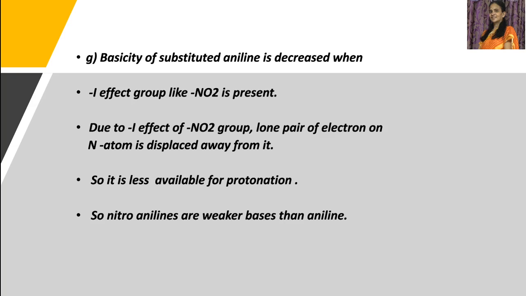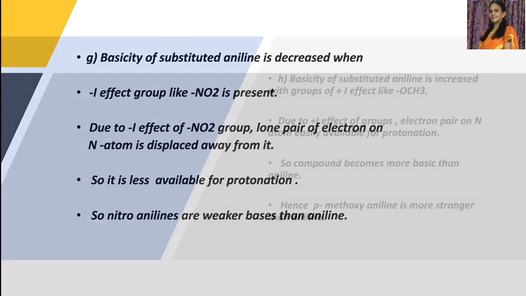Therefore, its basic nature decreases. Due to the minus effect of the NO2 group, the lone pair of electrons on the nitrogen atom is displaced away from it. Because of that reason, its basic nature is less. So it is less available for protonation. Therefore, nitroanilines are weaker bases when compared to aniline.